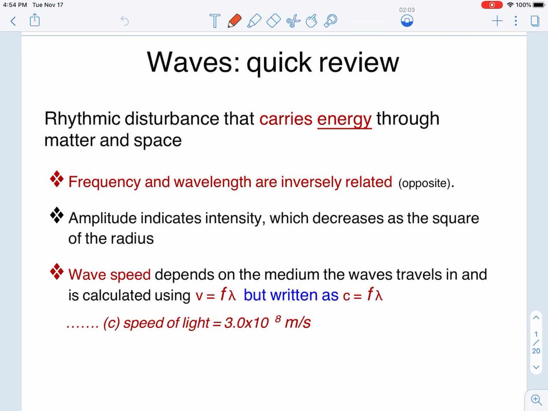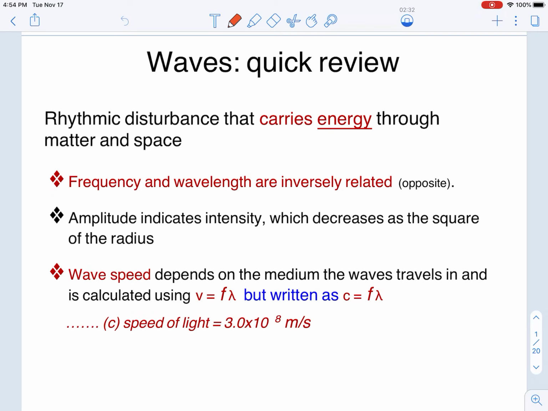But when we are talking specifically about electromagnetic waves, which is what we are focusing on in this chapter, then instead of saying some unknown value v for velocity, where we have to wait until we plug in our frequency and wavelength to determine what that velocity is, we now know what the expected velocity is. This is represented with the letter c.